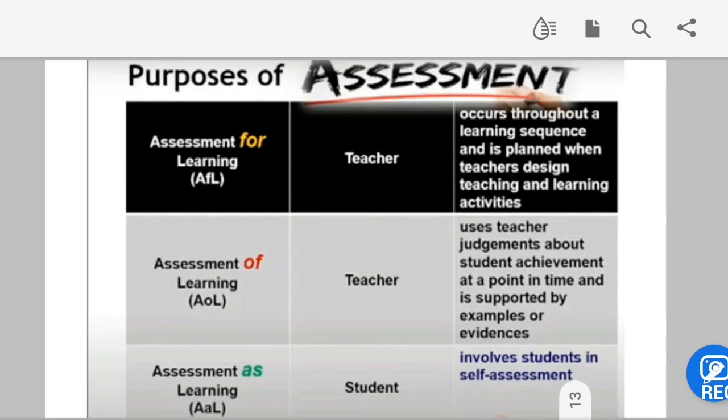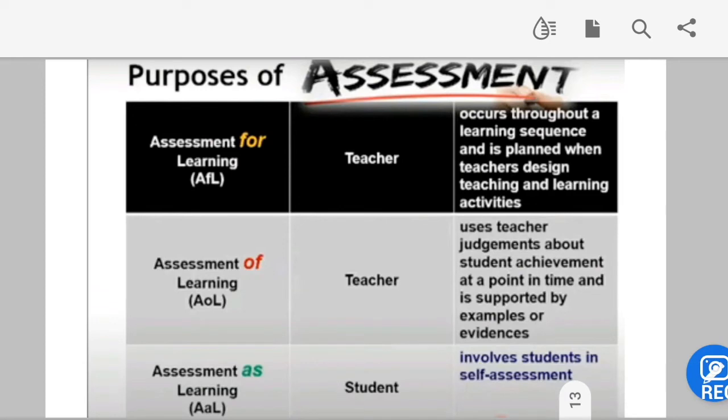Next is assessment of learning, which is summative assessment. Summative assessment is the test conducted at the end of the year, for example annual exams, final semesters, quarterly exams and half yearly exams in schools.